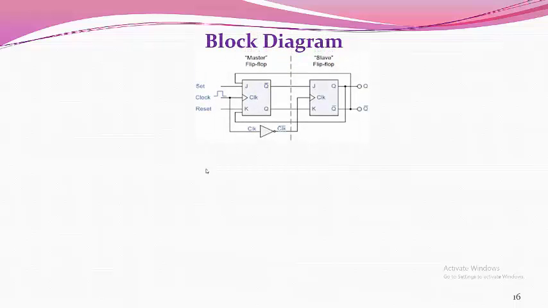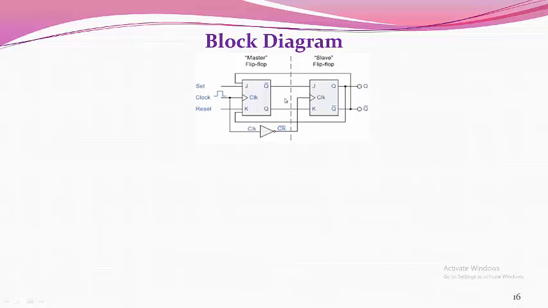Now we will see the block diagram of the master-slave JK flip-flop. This is the block diagram of the master-slave JK flip-flop, in which it has two JK flip-flops, and set and reset are the inputs to the JK flip-flop. Here also we are using a feedback loop. Q bar is applied to the J input and Q is applied to the K input. Here the first circuitry is the master flip-flop and the second circuitry is the slave flip-flop.